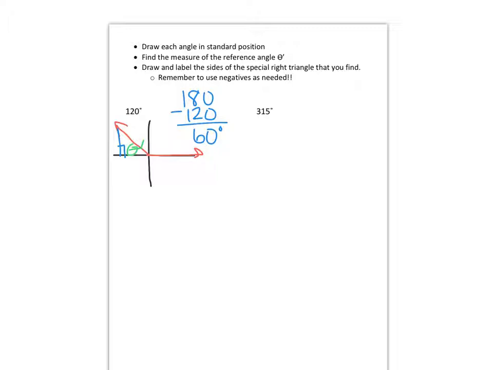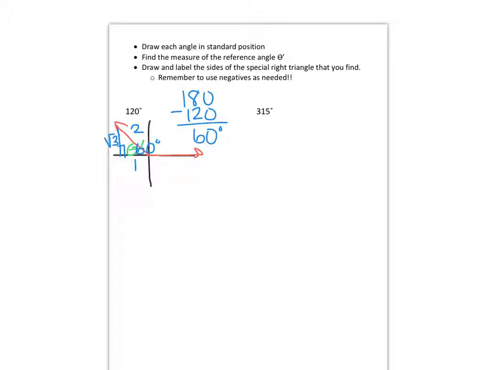If this reference angle is 60 degrees, we're going to put 60 right here. Across from the 60 would be the square root of 3. The hypotenuse would be the 2, and the 1 would be the adjacent. Now, in this situation, since we're in a different quadrant, we always have to look and see if we need to add any negatives.